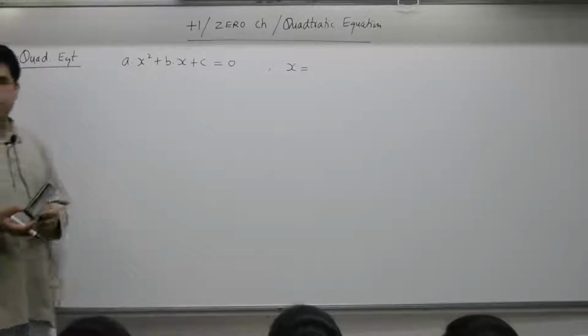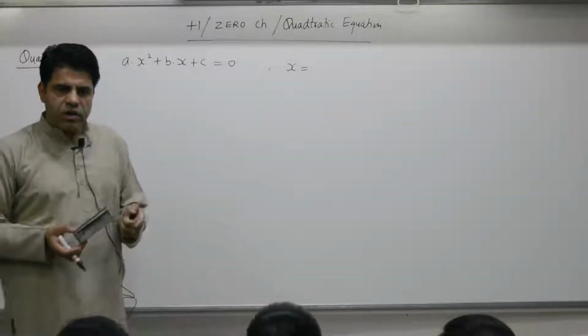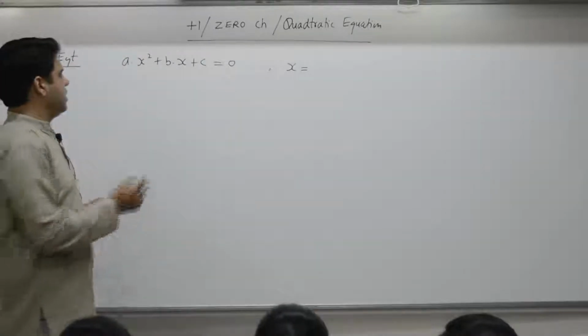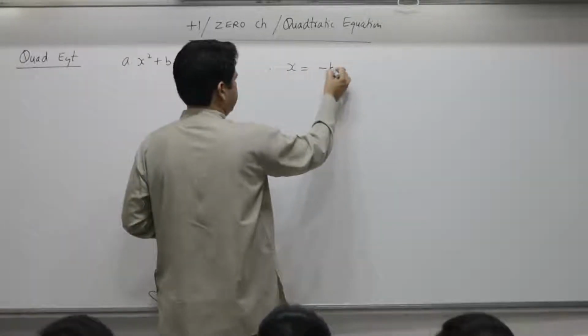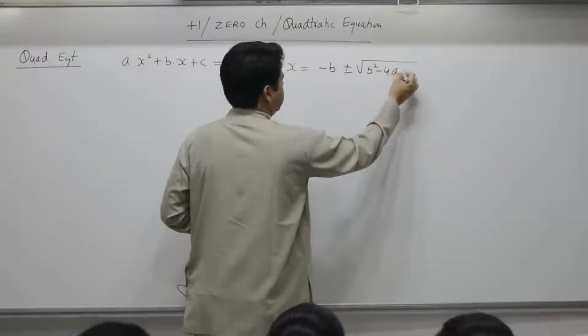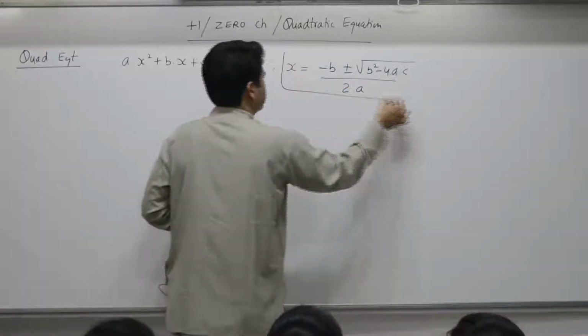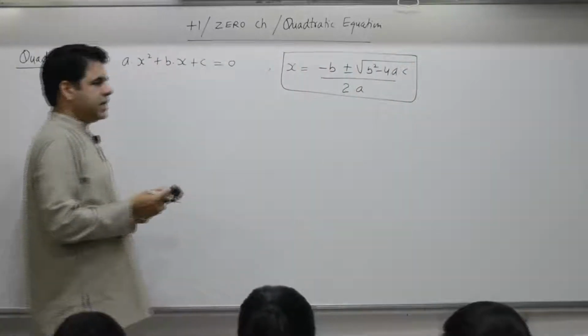X is equal to what? कितना स्कूल में नहीं किया? Covered in school or not? X is equal to what? Minus b plus minus root of b square minus 4ac divided by 2a. बुक बंद कर दो. Practice it.